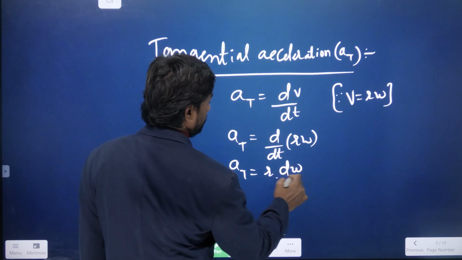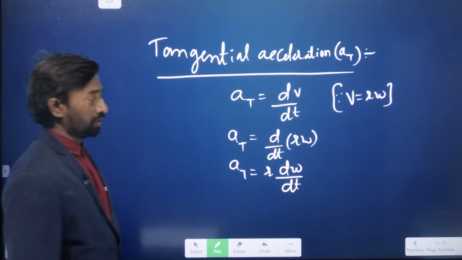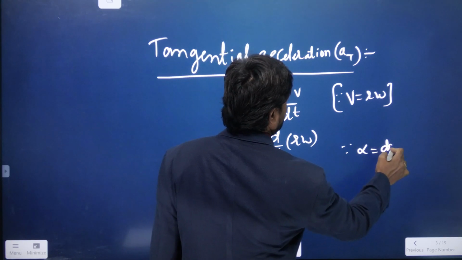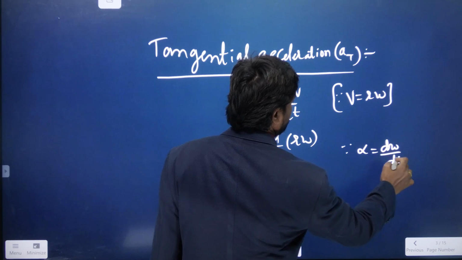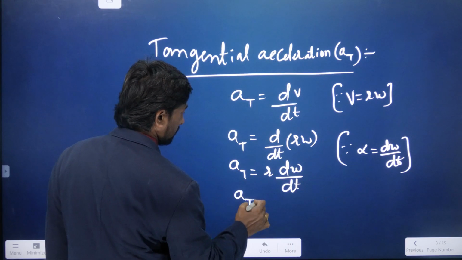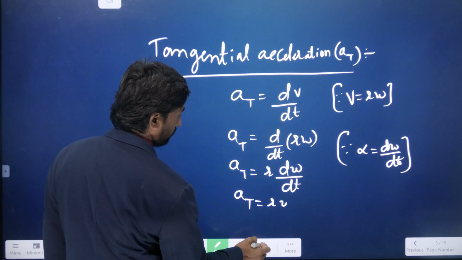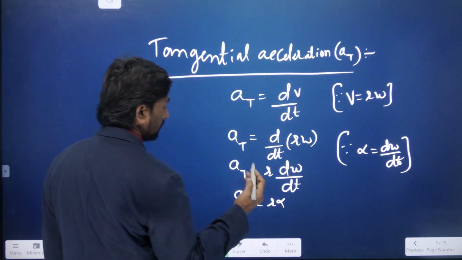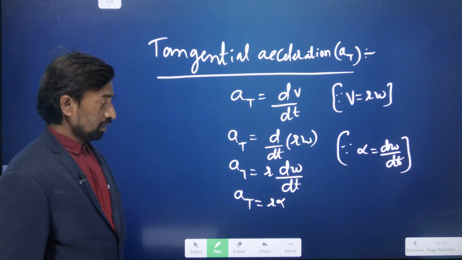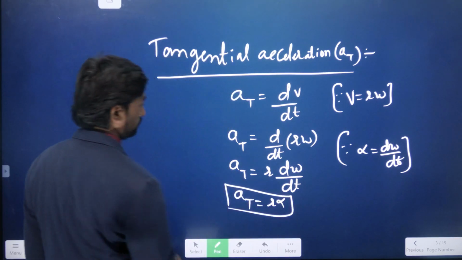And d omega by dt is nothing but the angular acceleration, alpha is equal to d omega by dt. So the tangential acceleration formula is AT is equal to alpha into r, or r into alpha. This is the expression for the tangential acceleration.